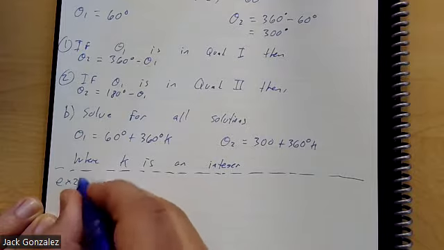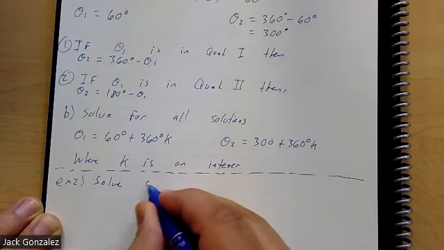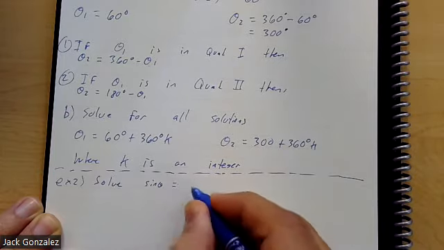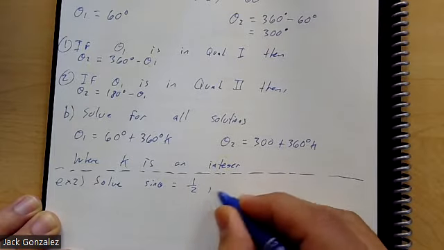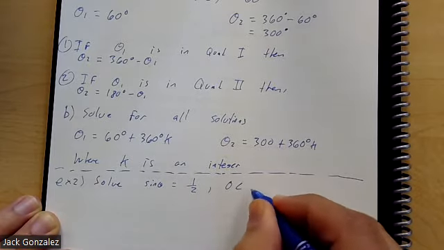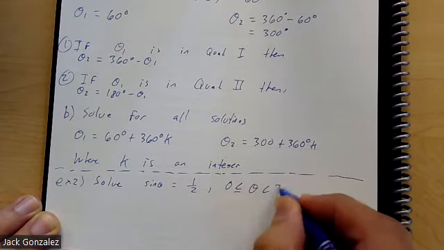I don't think I can jam one in here. So sine theta equal to 1/2. And they're going to tell you straight up from 0 to 2 pi. So 1 period.